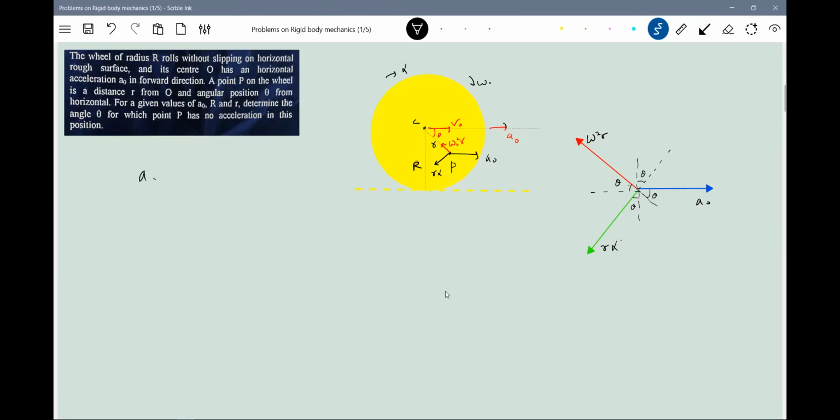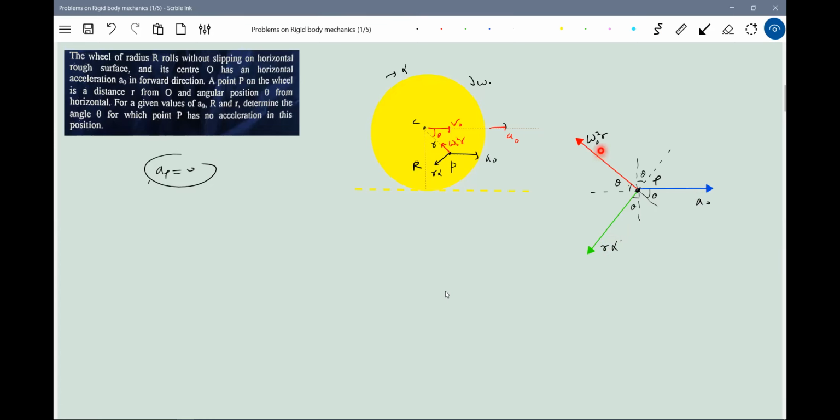Very simple problem. The acceleration of point P must be zero. For that, along the x and y axes, the resultant acceleration of point P must be zero. Centripetal acceleration, tangential acceleration, and this is a linear acceleration.